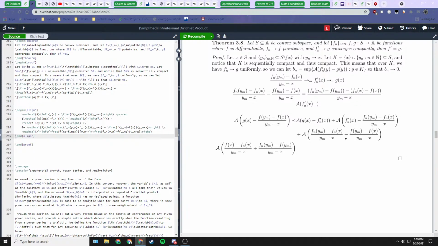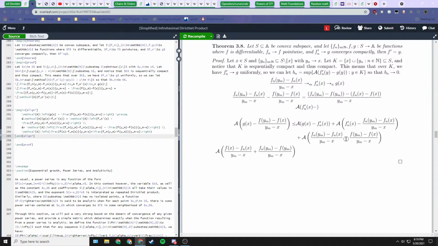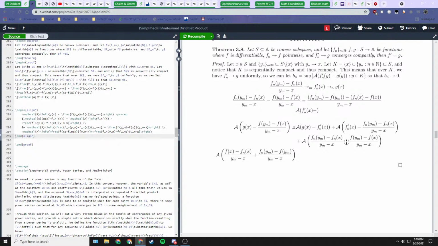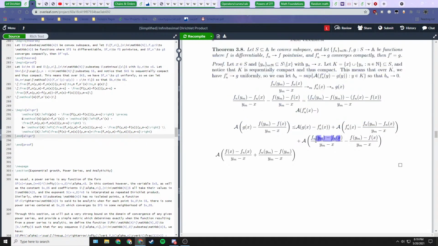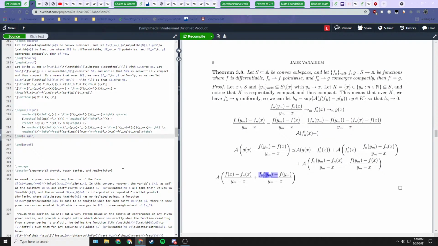Maybe. We'll see. We'll see. Maybe if we can prove these converge uniformly with n, so instead of doing this other thing.